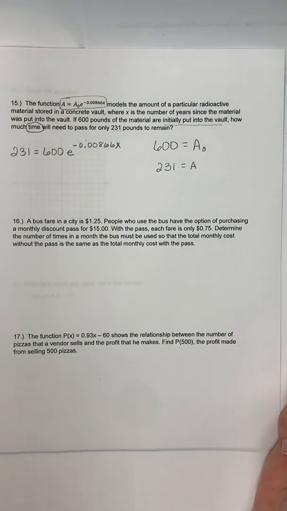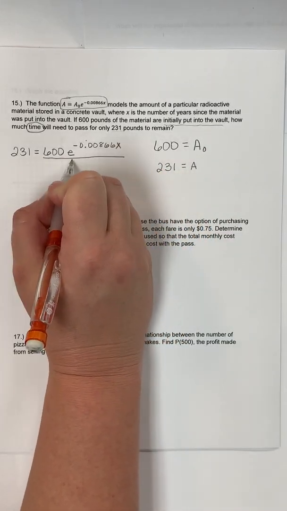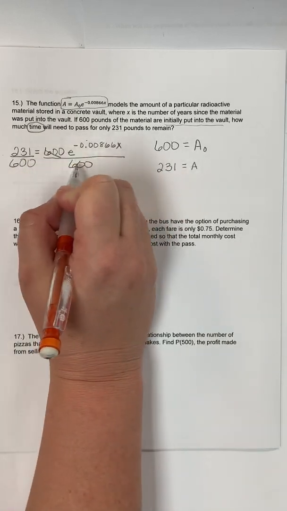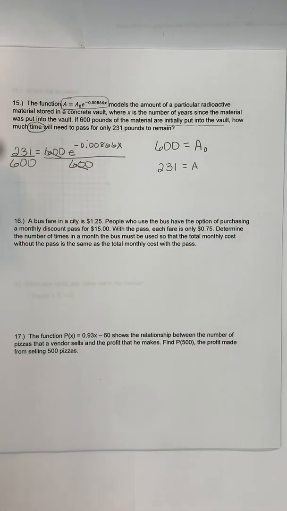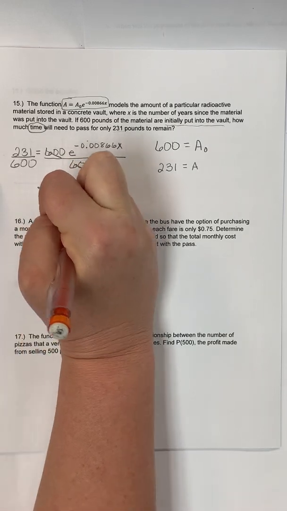All right, what we want to do is isolate that little e number. So I'm going to divide both sides by 600. Okay, 231 divided by 600 is 0.385.